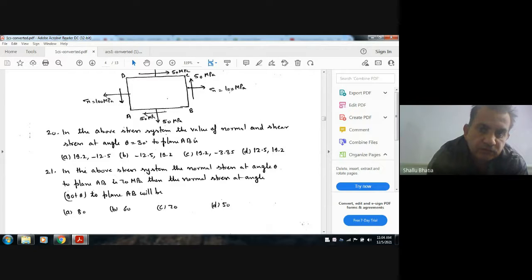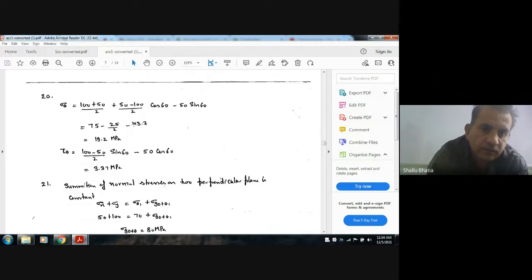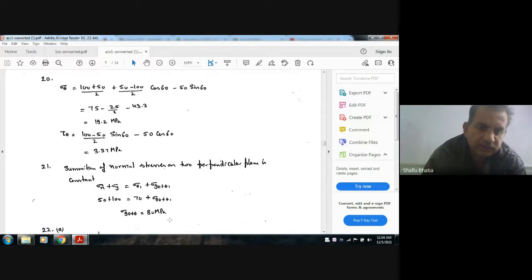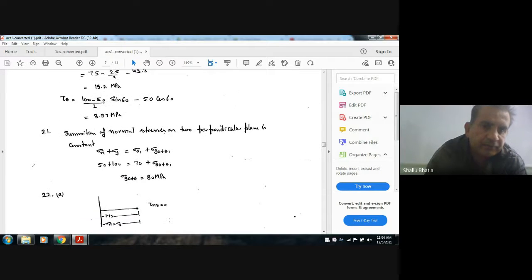The sum of sigma x and sigma y at any plane will remain the same, equal to the sum of normal stresses. So sigma x plus sigma y should be equal to sigma theta plus sigma 90 plus theta. So sigma x is 50, sigma y is 100, 70 plus sigma 90 plus theta. So sigma 90 plus theta is 80.